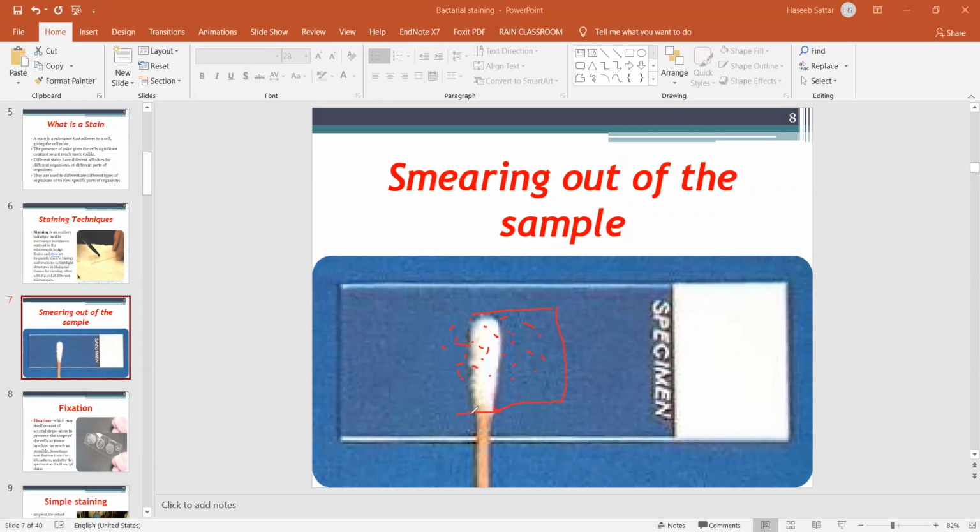If the bacterial cells are not attached or fixed to the glass slide, they will be washed out with the dye. To prevent this washing out, the bacterial cells must be fixed. What do we mean by fixed? The bacterial cells should be attached, glued, to the glass. This technique is known as fixation.